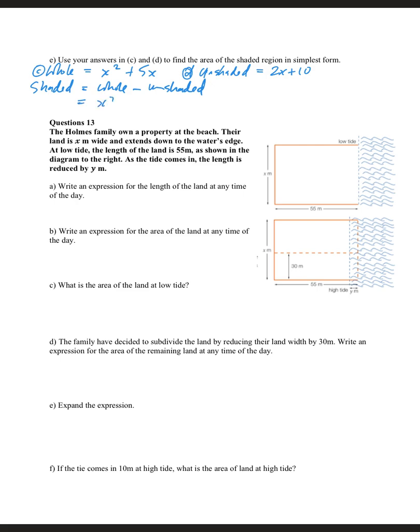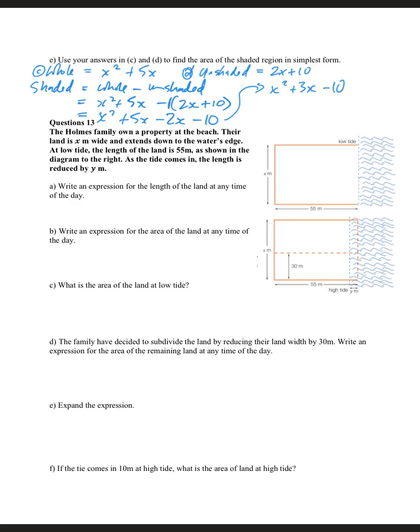So the whole was x squared plus 5x, and I'm taking all of 2x plus 10. It's important that you group this because you're taking all of that. And so now you need to expand the brackets properly because it's as if there's a negative 1 there. You've got negative 2x take 10. So you've got x squared plus 5 take 2, which is positive 3x take 10. That's the area of the shaded region in simplest form.